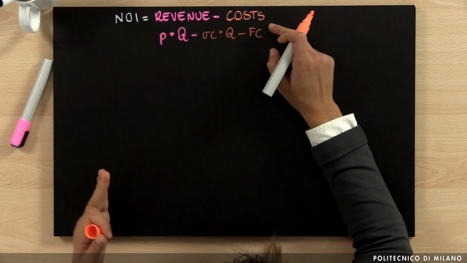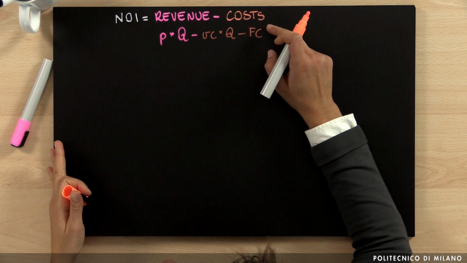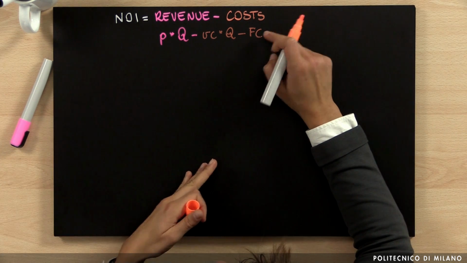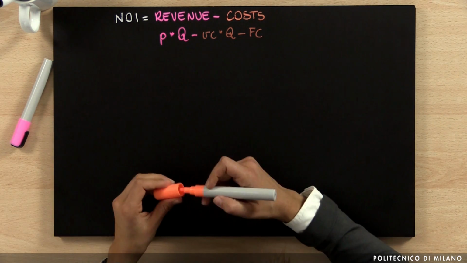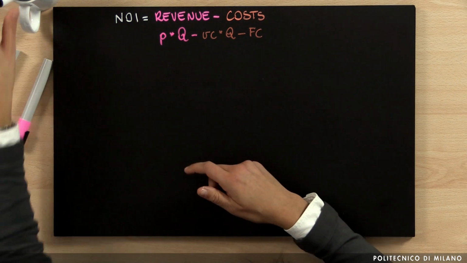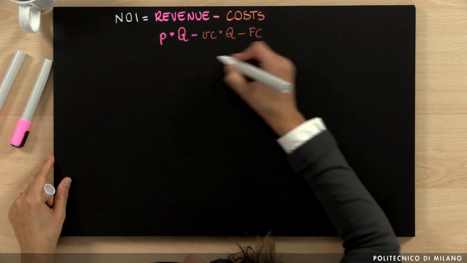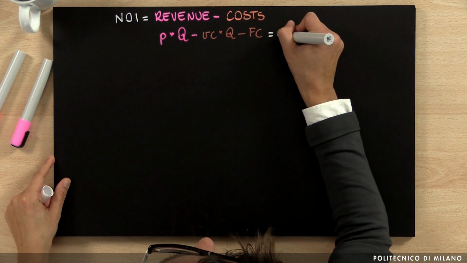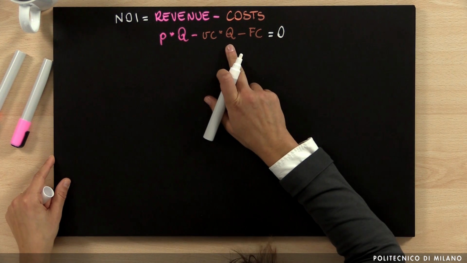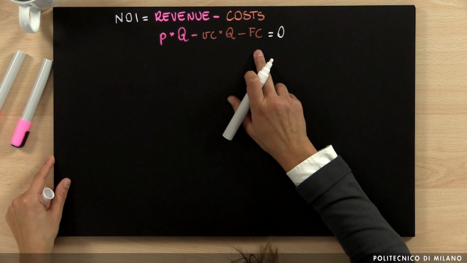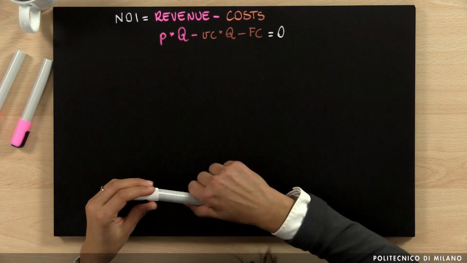If we want to identify the quantity at which total revenue equals total costs, we just need to set this formula equal to 0. So if we say that this NOI should be equal to 0, we can then isolate the quantity, and this quantity will be the quantity at which total revenue equals the total costs.